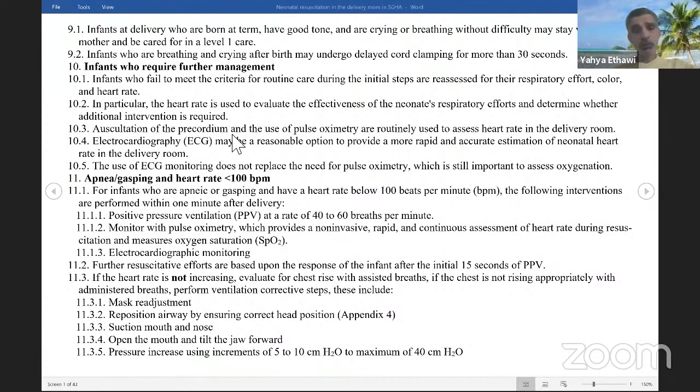After 1 minute we need to decide on the heart rate. If it is above 100, we stop PPV. If it's between 60 and 100, we continue PPV. If it's less than 60, we need to provide chest compression.